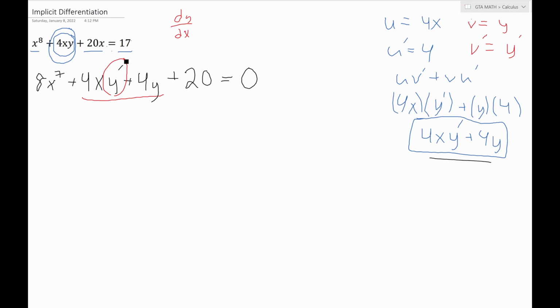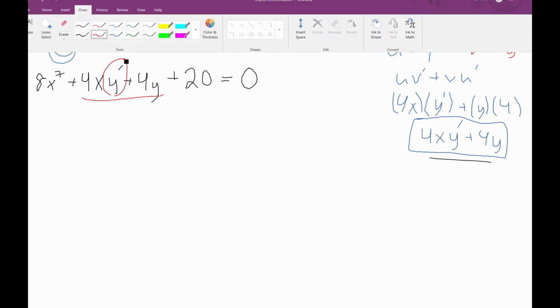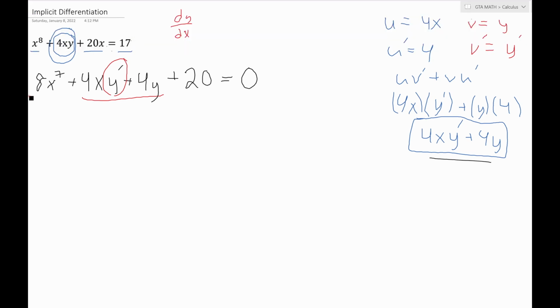We're going to try to get everything on one side and get y prime on its own. So we're going to take this positive 4y and subtract it, and we're also going to subtract this 20.